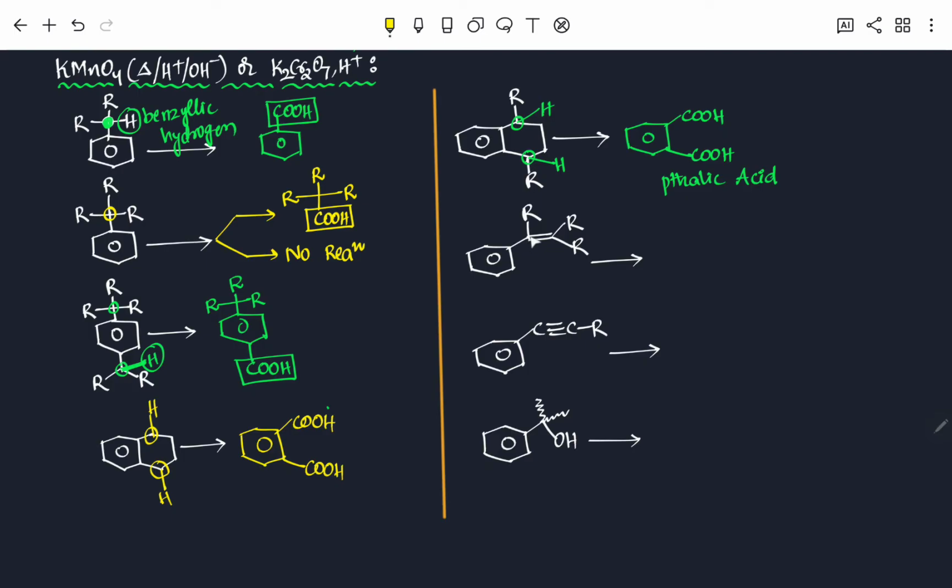Next example, benzene next carbon, alkene. When alkene is present, the entire chain will be converted into carboxylic acid. Next example, benzene next carbon, triple bond. Again, the entire carbon chain will be converted into carboxylic group.